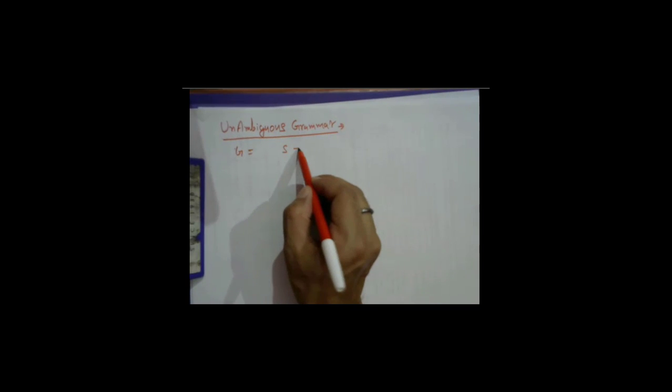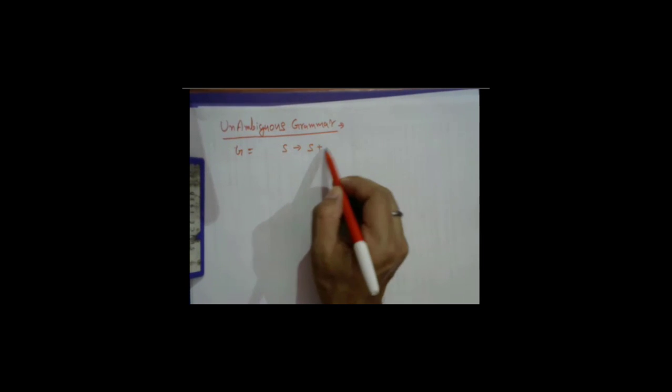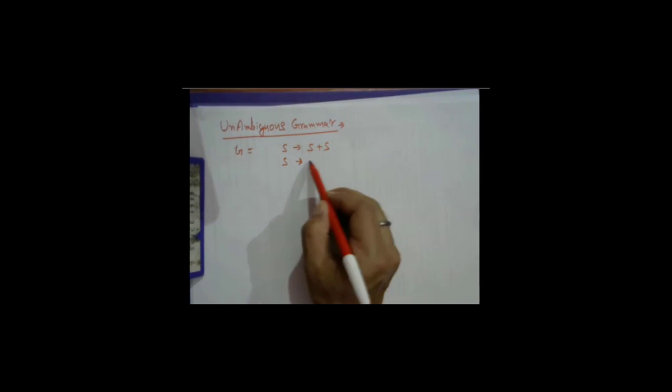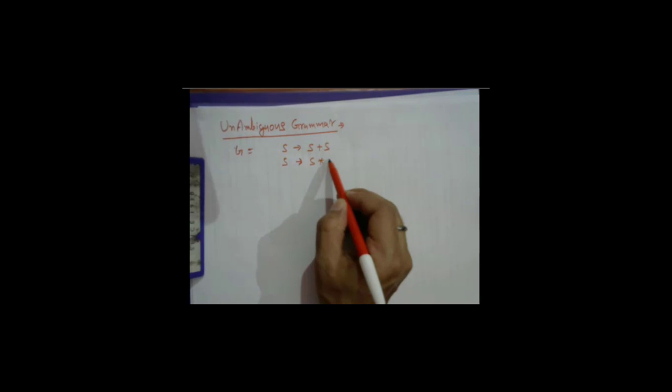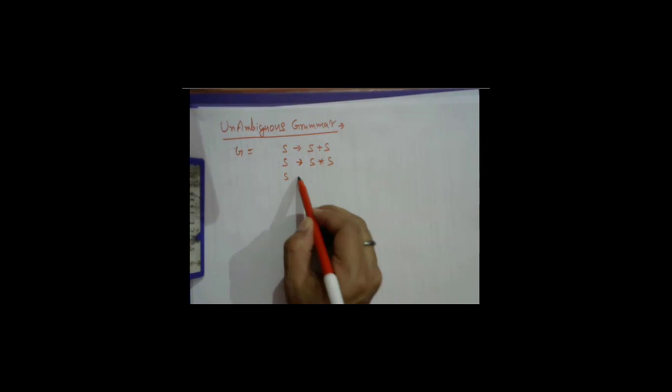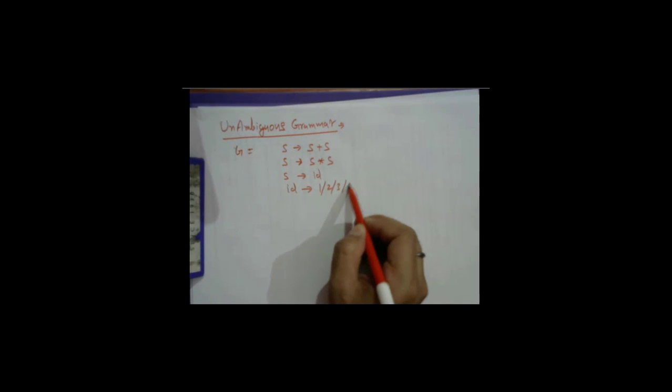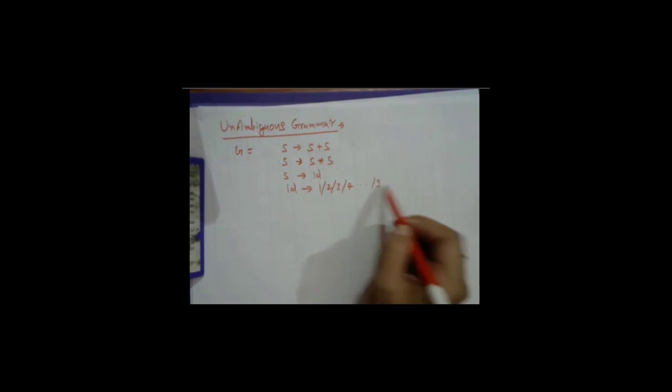We write the example again. We already took this grammar in the previous part: S tends to S plus S, S tends to S into S, S tends to id, and id tends to 1 2 3 4 up to 9.